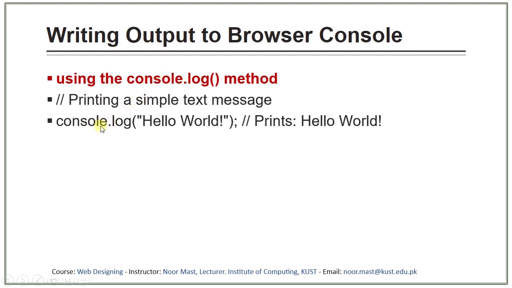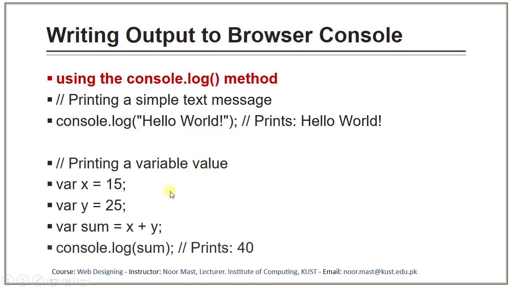Here, the console.log method is used to display hello world in the browser console. While this is another example, here we have two variables x and y, and we sum these variables, and after that use the console.log method to display the output to the browser console.